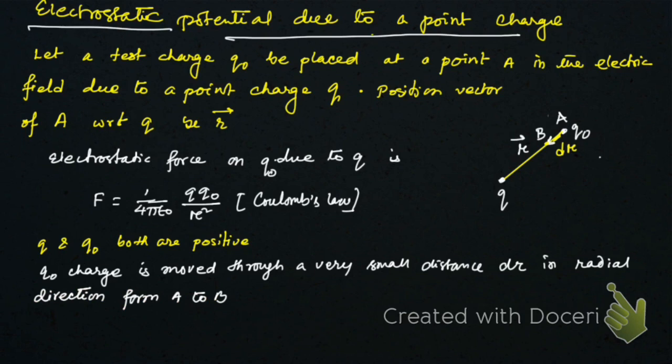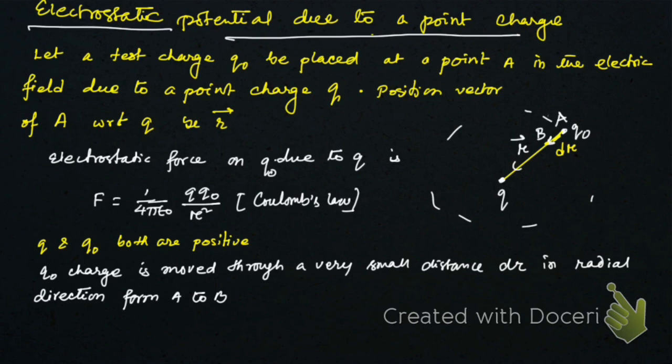So this Q naught charge is moved from A to B in the radial direction. If you imagine a sphere here, along the radius of this sphere Q naught is moved, right?